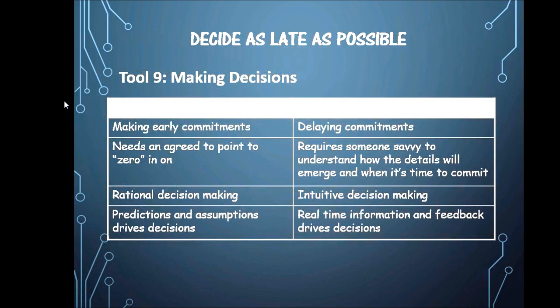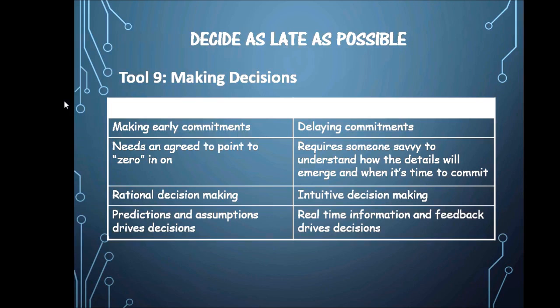The 9th tool, making decisions. Depth first, breadth first. Depth first is making an early commitment. Needs are agreed to, to zero in on additional decision making. Prediction and assumption drive decisions.